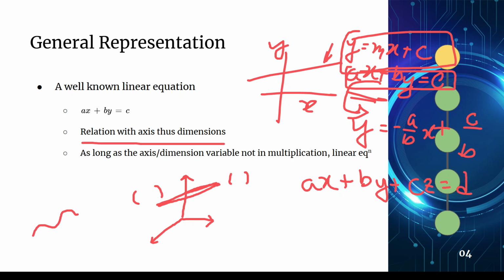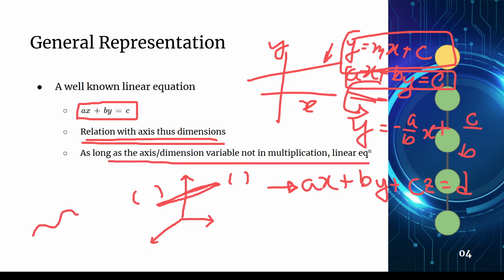Now that's more like a straight line for a three-dimensional plane. So this is a three-dimensional plane straight line equation. This is a two-dimensional plane straight line equation. So this is what we meant when we said the relation with x is thus dimension determines how the equation will look. As long as the axis or dimension variables are not in multiplication, they are called a linear equation. So what does this mean?